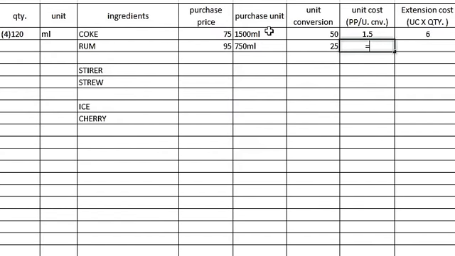So imong buhaton is si purchase price imong i-divide dayon ni unit conversion, kung pila tong nahimo, pila ka tag 30. So tag 3.80 ang imong presyo per isa ka jigger or isa ka 30 ml sa imong rum.